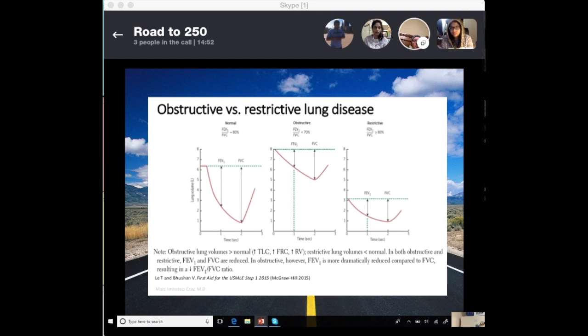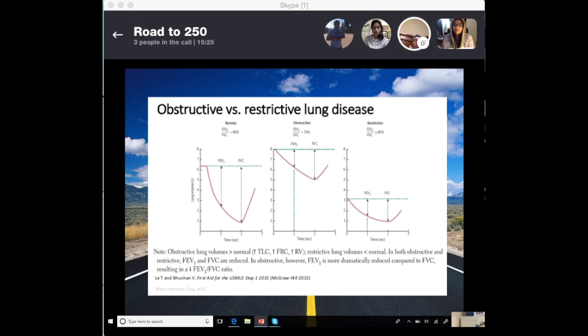Now, in obstructive lung diseases, we are going to have a decrease in our FEV1 to FVC ratio. And again, that's because we have an increased residual volume, but we have a decreased forced vital capacity. So we're decreasing the numerator and the denominator as well.